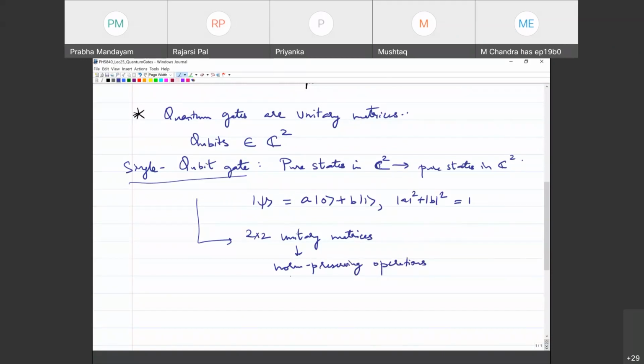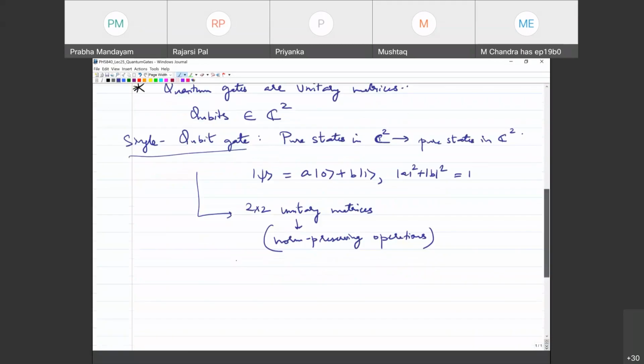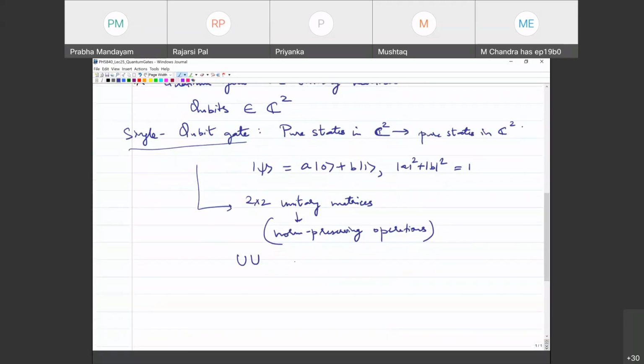And remember that we say that U is unitary if U dagger U is identity. In this case, it's simply the 2 cross 2 identity. And this set of 2 cross 2 unitary matrices forms a group under multiplication.